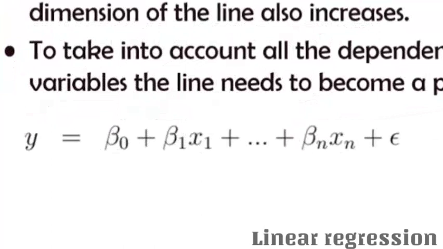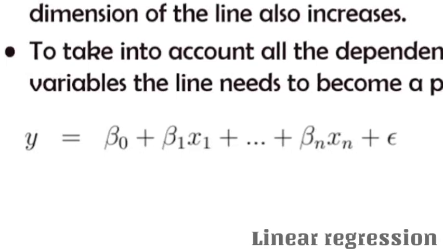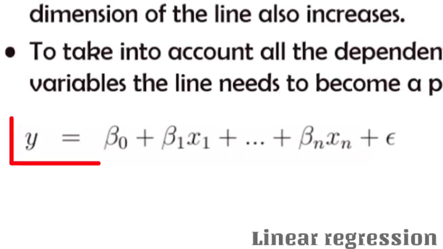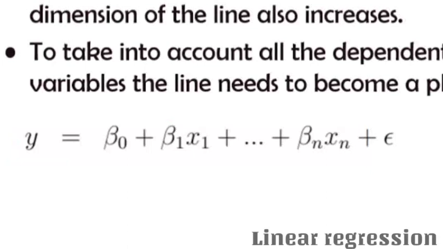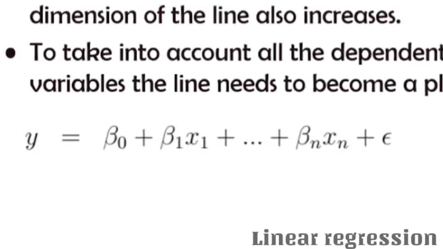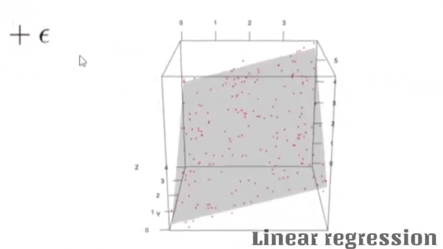In multilinear regression, y will be our dependent variable, whereas x1, x2 up to xn will be our independent variables. That is what I mentioned at the start of the video with respect to linear regression, that there can be one or more independent variables.